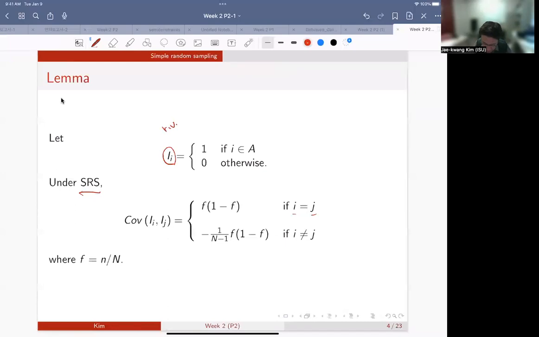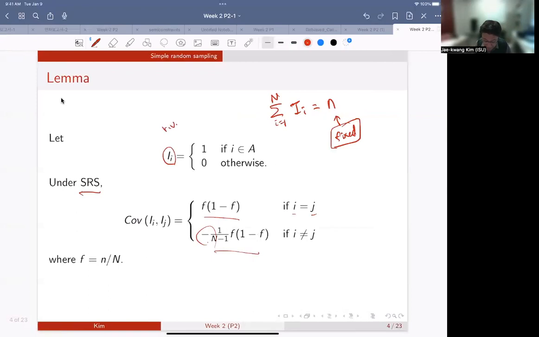We just have this variance and covariance, and the covariance is negative, which makes sense because n is fixed. If the sum of the I's is n and n is fixed, then if one indicator is equal to one, the others have more chance of being zero than one. That is the reason why we have negative covariance.